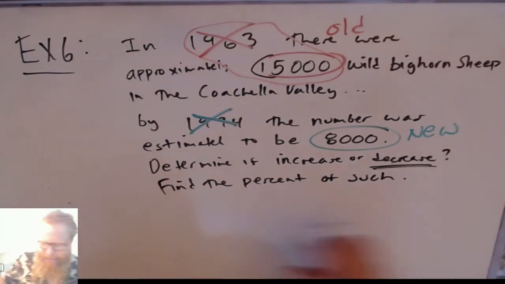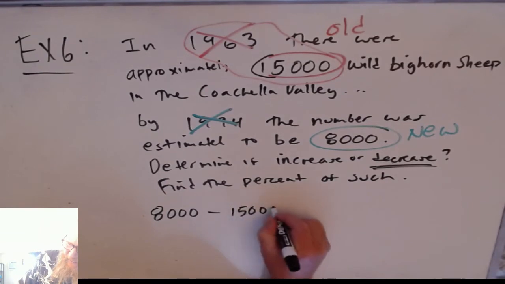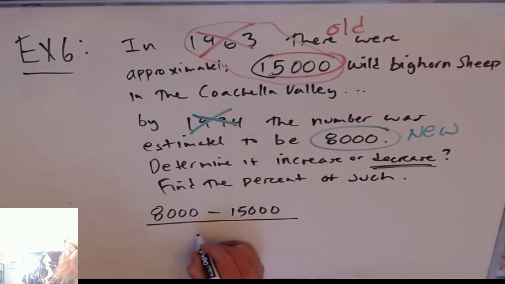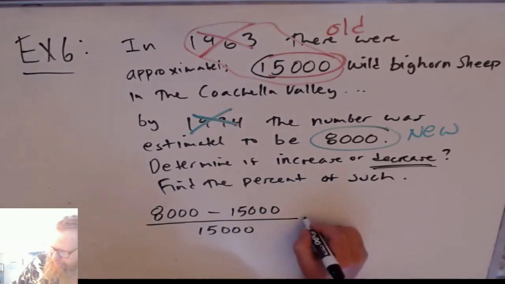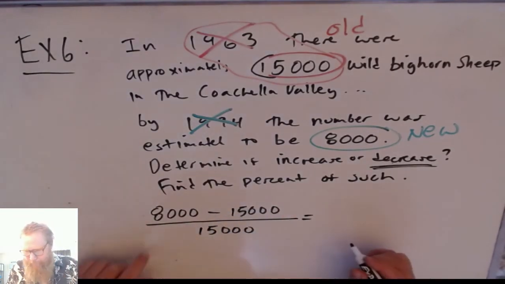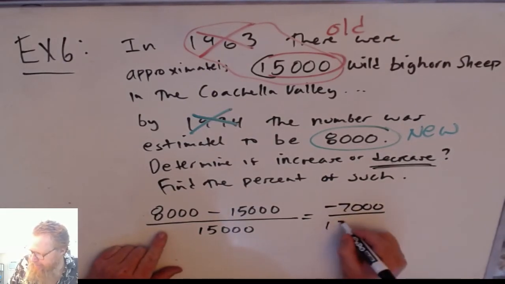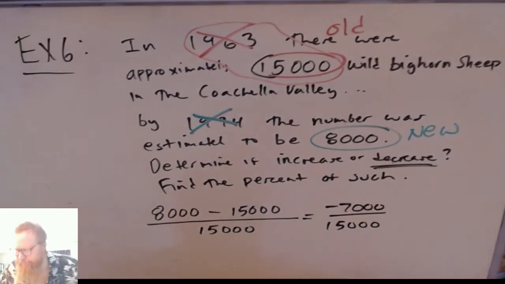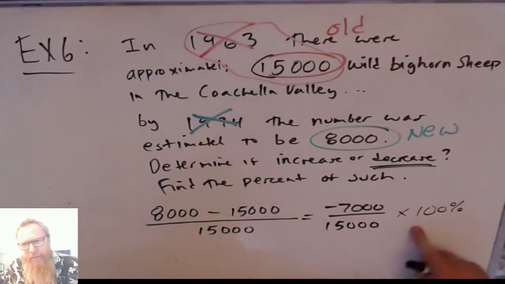All right. So we got new, 8,000 minus 15,000 over old. Remember, you always want to divide by the old amount, 15,000. So that's negative 7,000 divided by 15,000. And again, I don't want to leave this part out, that times 100%.